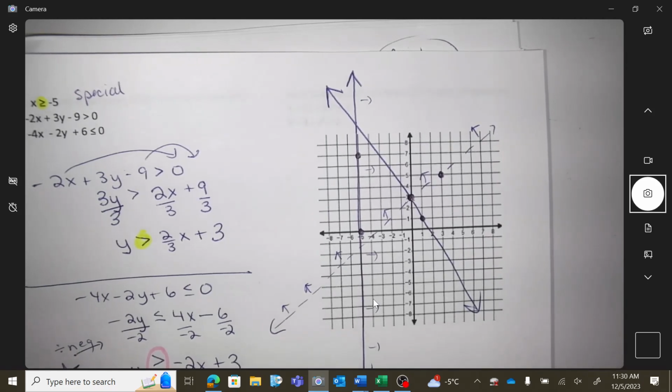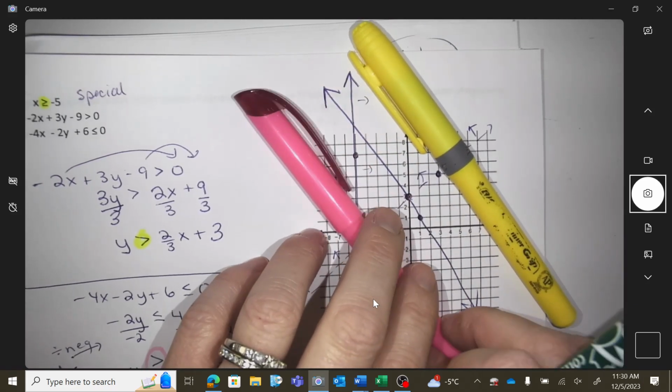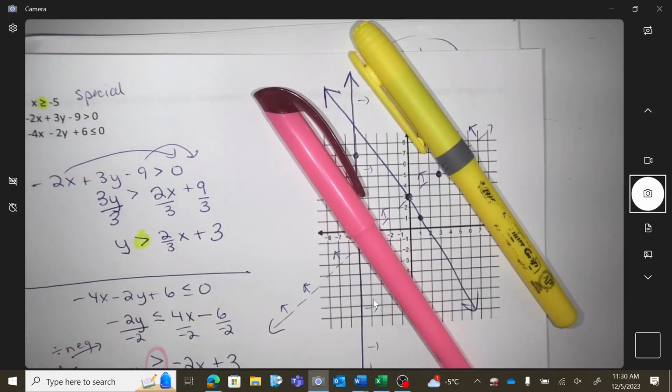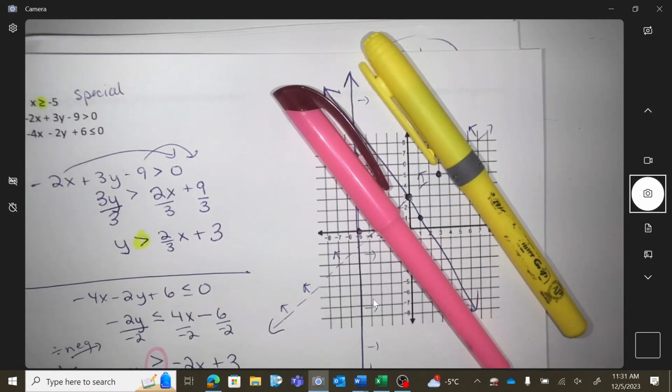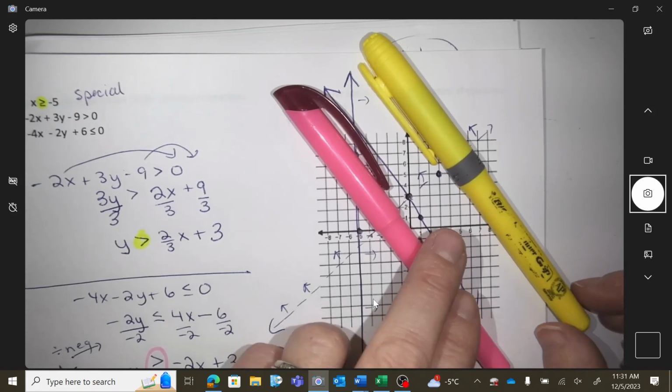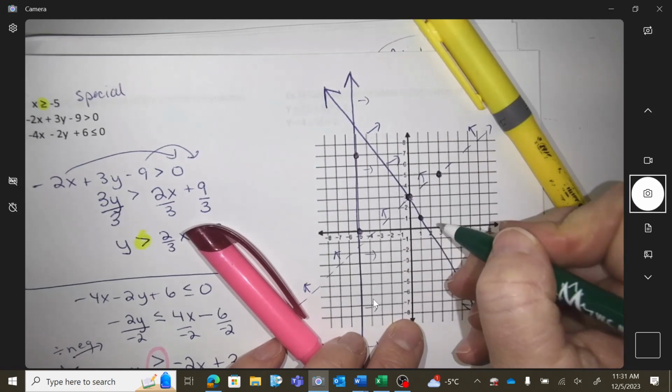Solid line. And then I have to pick a side of that line. So which direction do you want to be on? And it said it had to be greater than that. Greater than that line. So visualize yourself on this side or this side of it. So greater direction means this direction.